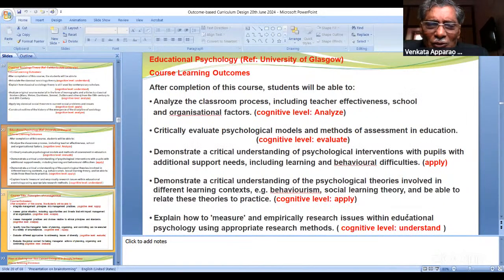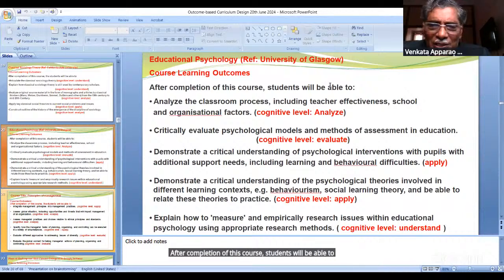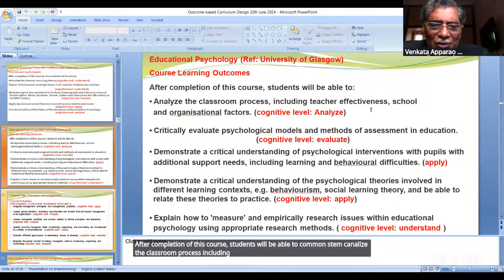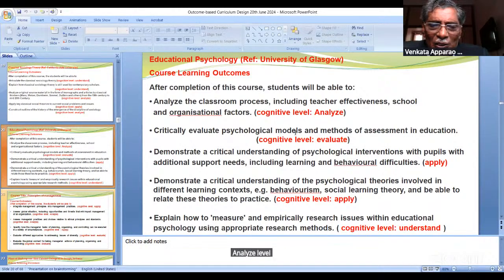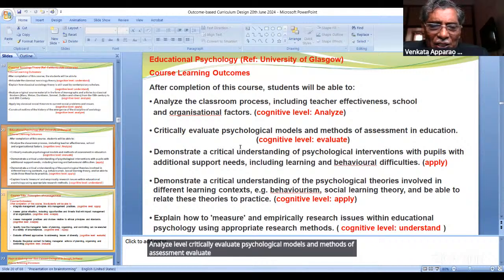Then educational psychology, another social science course. After completion of this course, students will be able to, common stem, analyze the classroom process, including teacher effectiveness, school and organizational factors, analyze level. Critically evaluate psychological models and methods of assessment, evaluate level. Demonstrate a critical understanding of psychological interventions with additional support needs, etc., understand level.